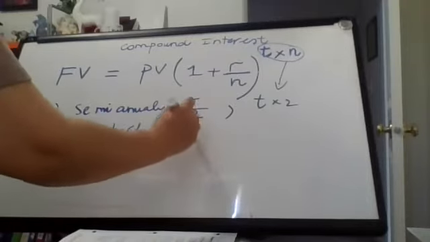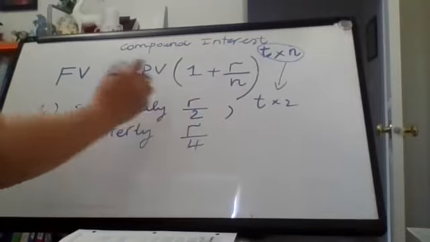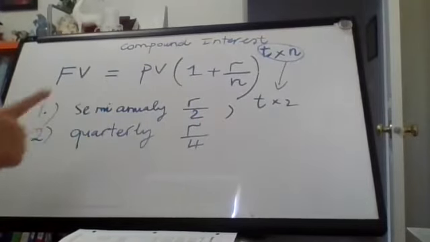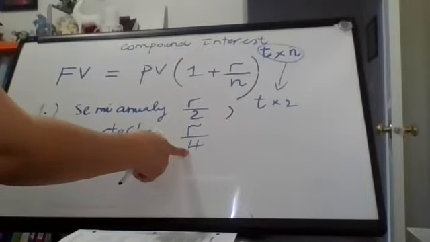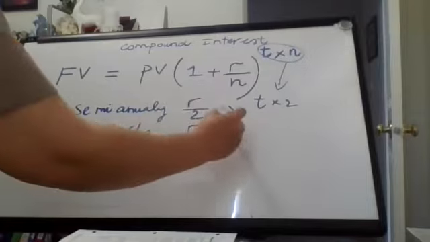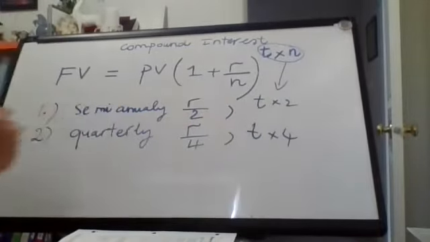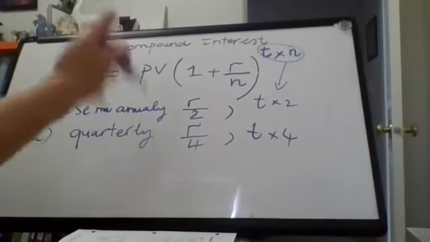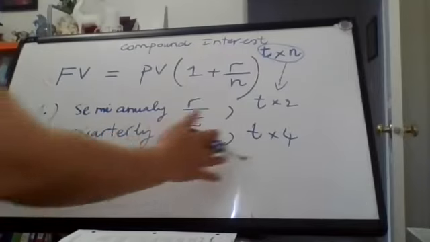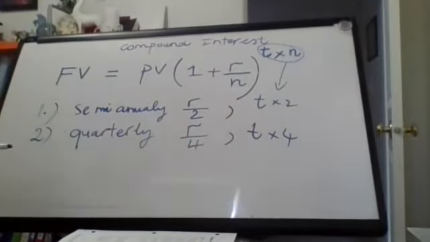Quarterly, then the rate R here will be divided by 4, because the R here represents the 1 year interest rate, and 1 year has 4 periods, so you divide by 4. And the t on the top has to be multiplied by 4 to get the total periods of 1 year, 2 years, 3 years, whatever it is. So if it is 3 years, then 3 times 4 equals 12 periods.